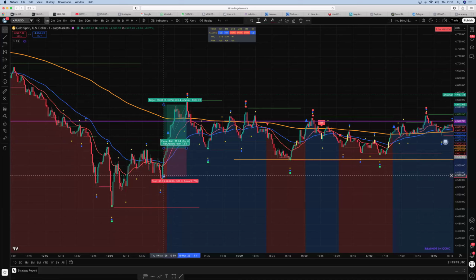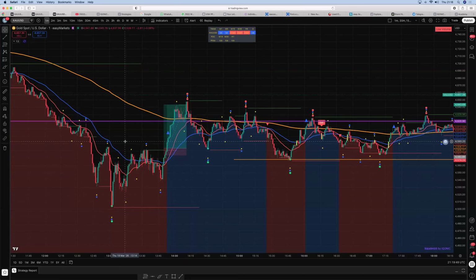I would have put my SL just slightly below, well, you know me, I pull my stop straight up anyway. So I would have started quite small with my stop and pulled it up. That would have been my entry for that trade.